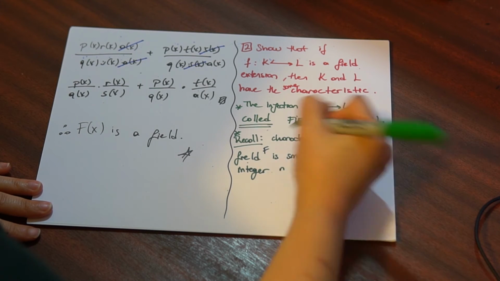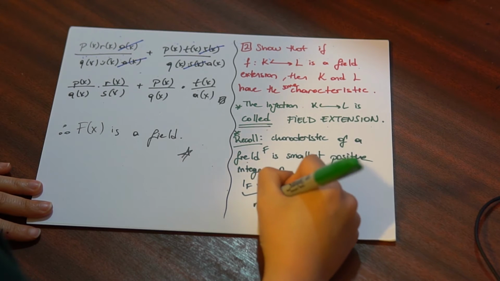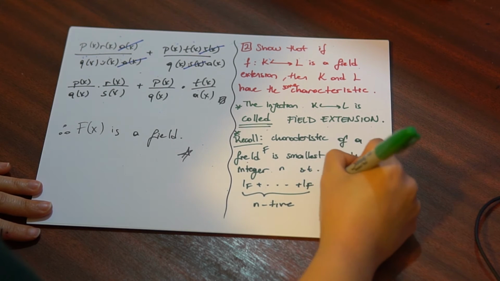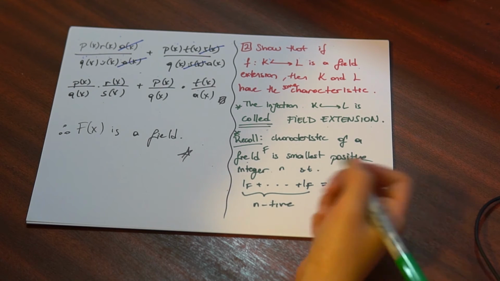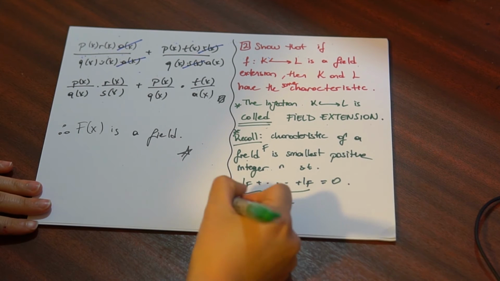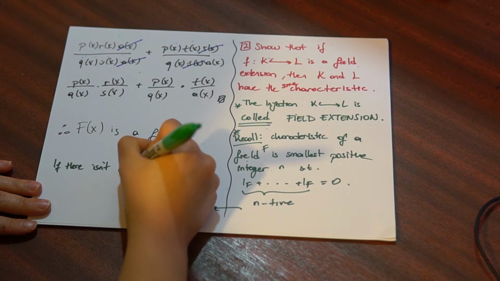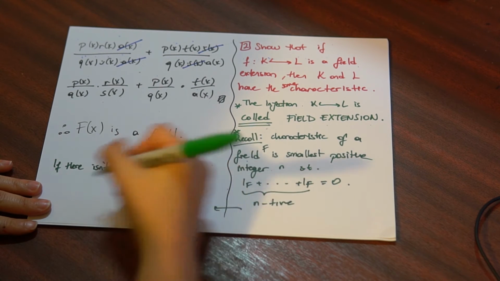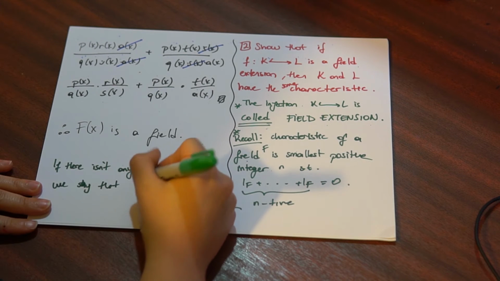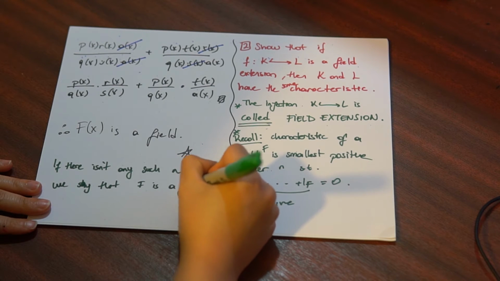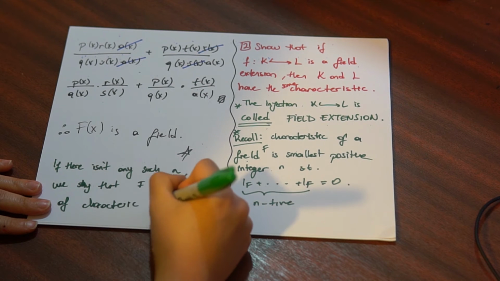for a field F, 1_F plus 1_F, n times, is equal to 0. And if there isn't any such n, we say that F is a field of characteristic 0.